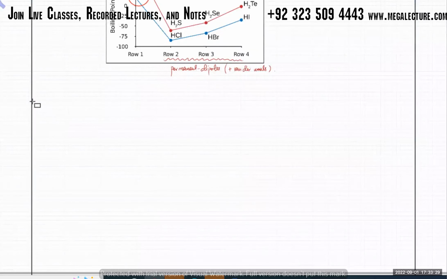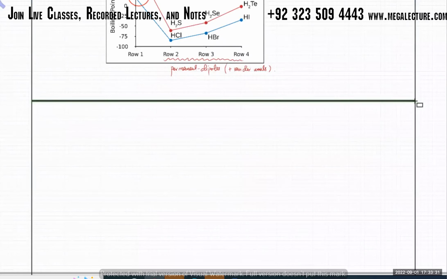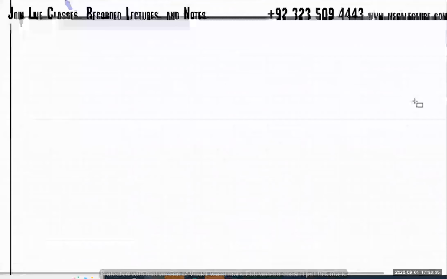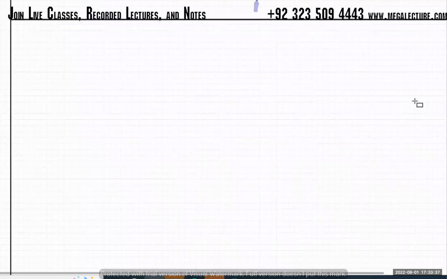अच्छा, अब ये कि अगली जो last force है, which is van der Waals forces. अच्छा, this last one is always present in molecules. ठीक है, so van der Waals forces. So our third one is van der Waals forces. जिसके सारे नाम थे different.